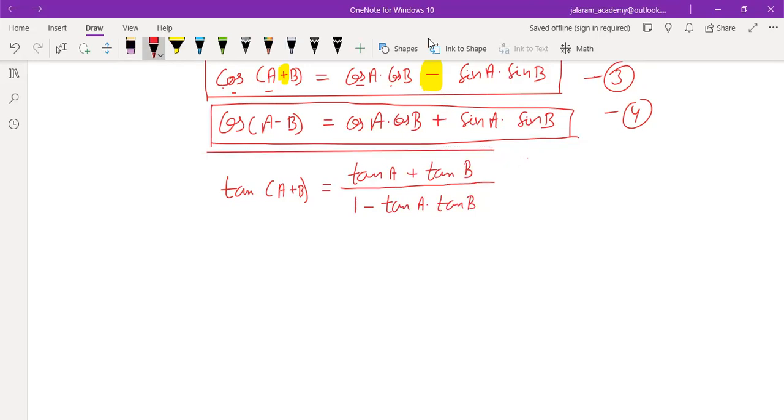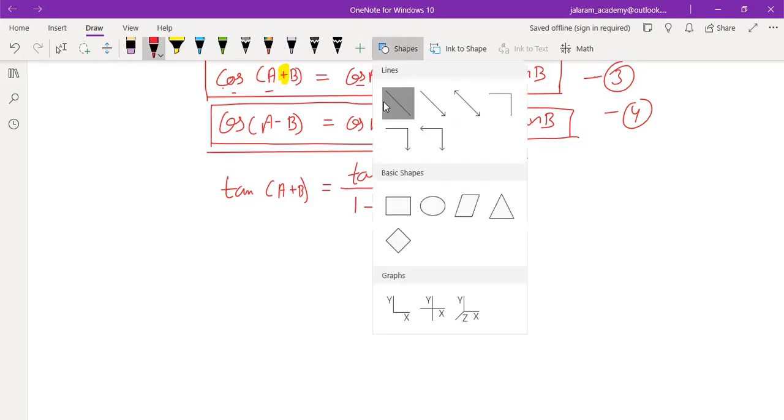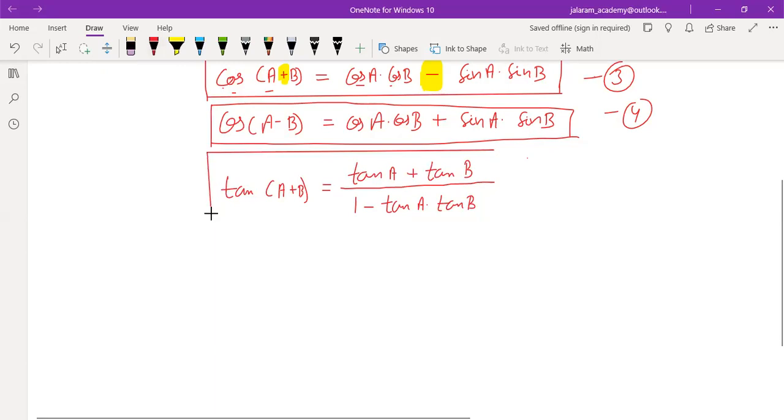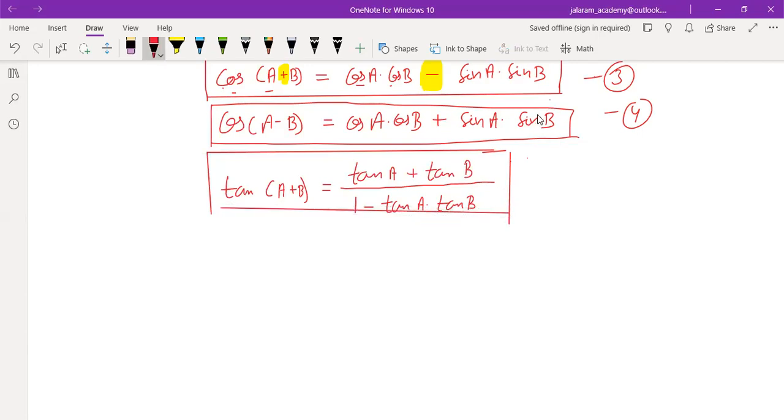Tan A plus B equals tan A plus tan B over 1 minus tan A tan B.